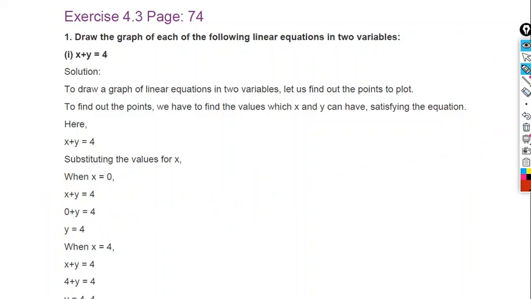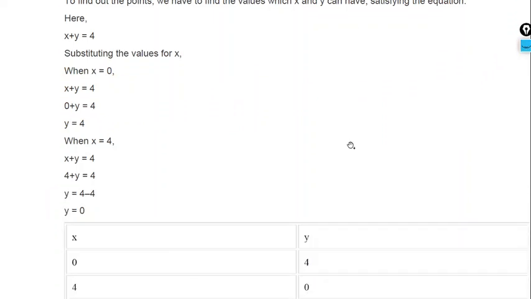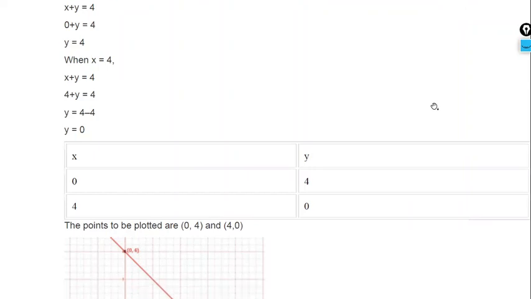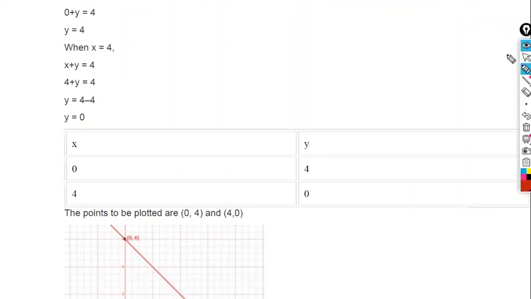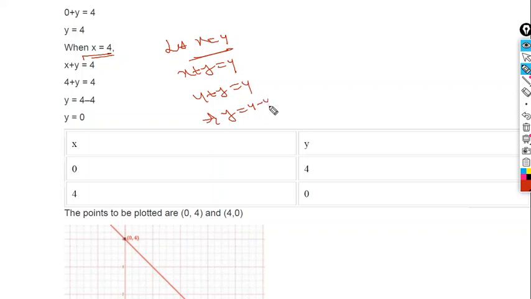Now we will find another point. Suppose x equal to 4. The equation x plus y equal to 4 implies that in place of x we put 4. 4 plus y equal to 4 implies y equal to 4 minus 4, which implies y equal to 0.